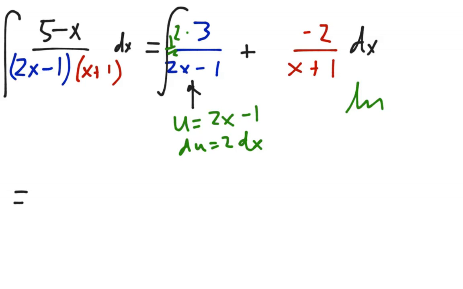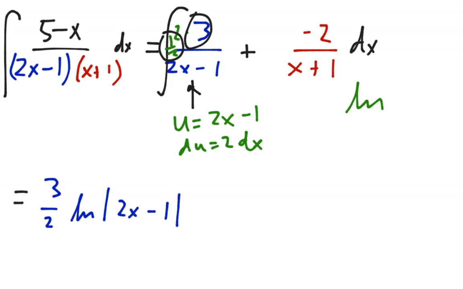So our answer for the first one will be, let's see, we'll have the 3 and the 1/2 left over. So we'll have 3/2 ln absolute value 2x minus 1. And then the second one doesn't need that doctoring counterbalancing term, and so it'll just be negative 2 ln absolute value of x plus 1 plus c.